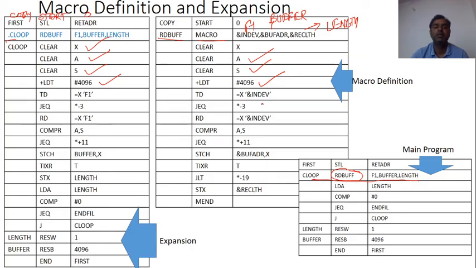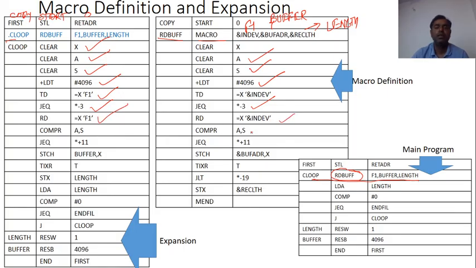So it will be replaced by F1, and in the expansion it will be written as TD =X'F1'. Then JEQ *-3. There is no parameter, so it will be written the same. Then RD =X'%INDEV'. What is the value of INDEV? F1. So it will be written here F1.